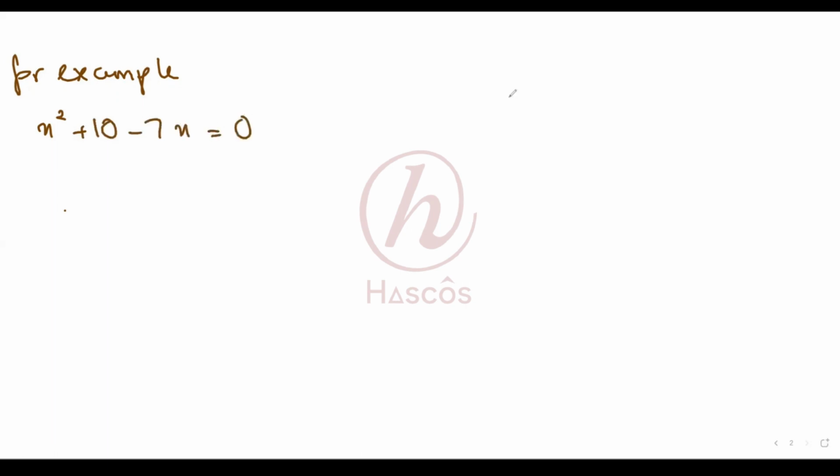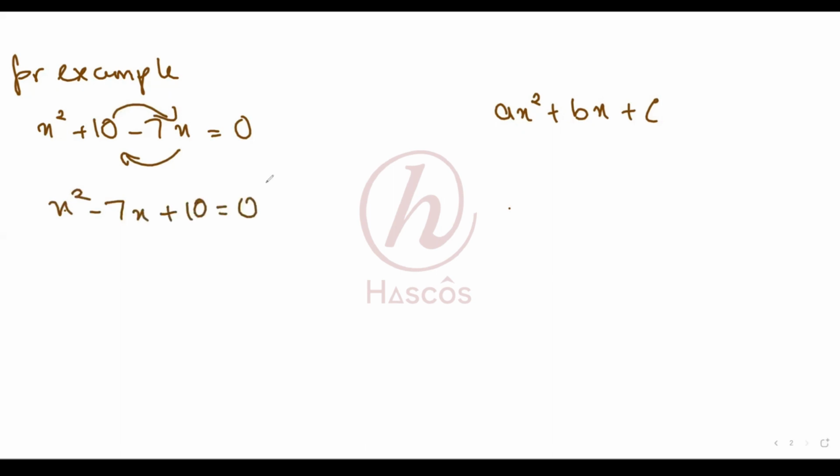Now this is not in the form ax square plus bx plus c, because the term including x is not after the term of x square. It's not second in order from the left. So we need to rearrange it. And how are we going to rearrange it? It's very simple. Minus 7x comes here, 10 goes over there. It now rearranges to x square minus 7x plus 10 equals 0.